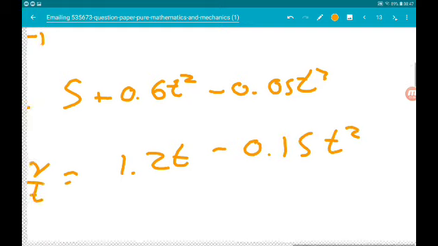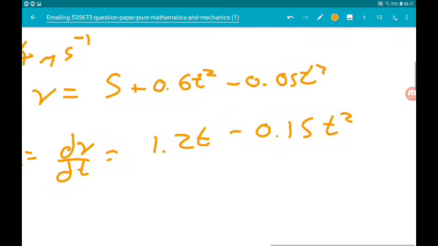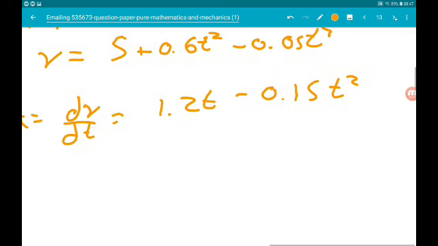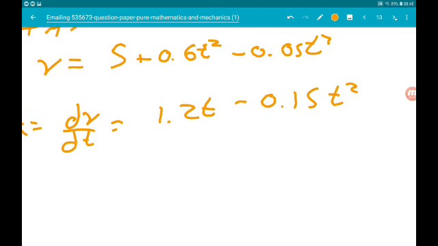So that is our expression for the acceleration. Now, when t is equal to 8, the acceleration, why do I say 8 and write a 0?